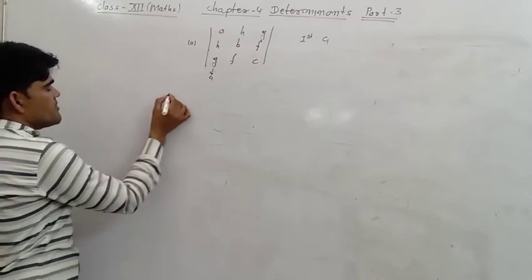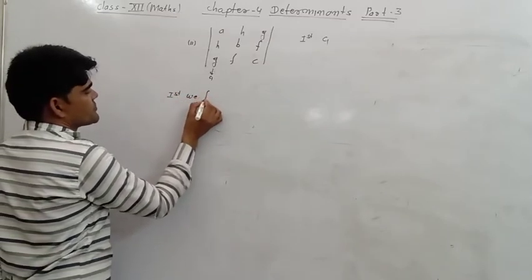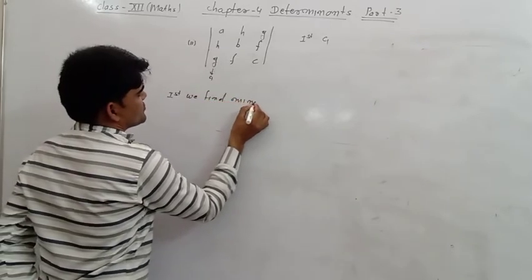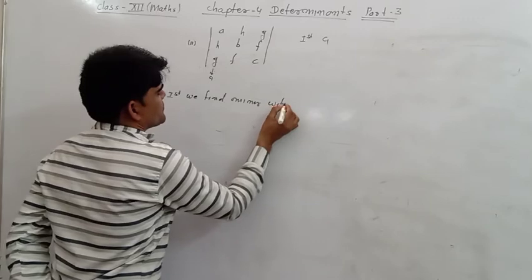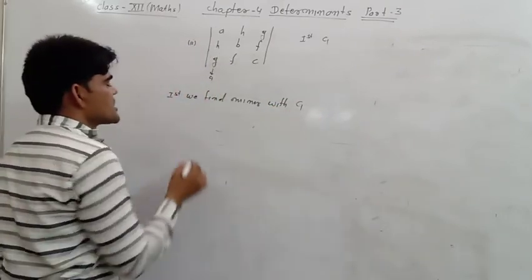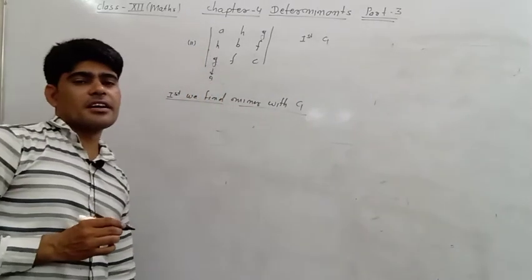First we find minor with respect to column C1, मीन C1 के रेस्पेक्ट में अपने को इनके कॉलम माइनर फाइंड करने.